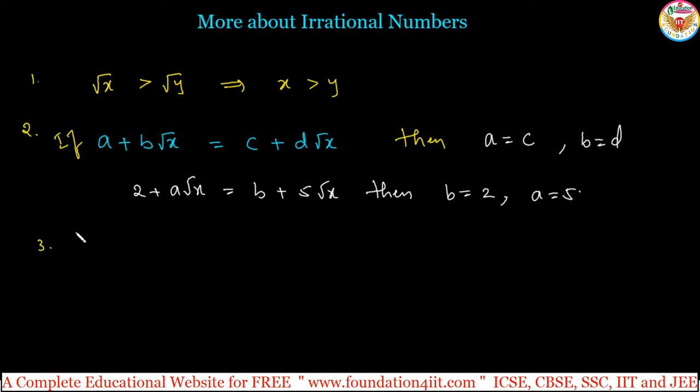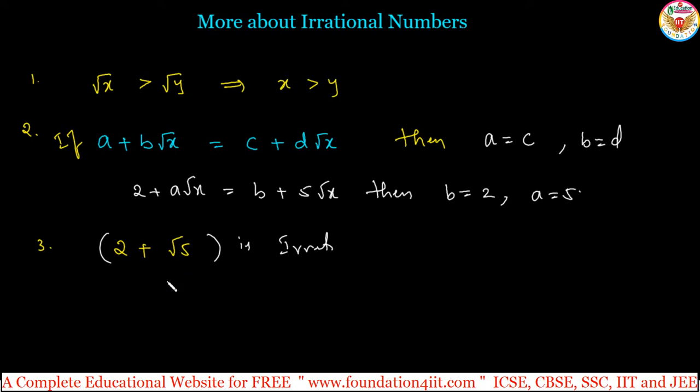And negative of any irrational number is always irrational, that is one thing. And sum of rational and irrational number is always irrational. So 2 is the rational number and root 5 is the irrational. So 2 plus root 5 is irrational now. These two together is also an irrational number. And similarly addition and subtraction, so 2 minus root 5 is also an irrational number.